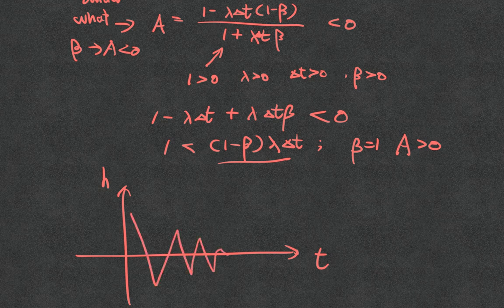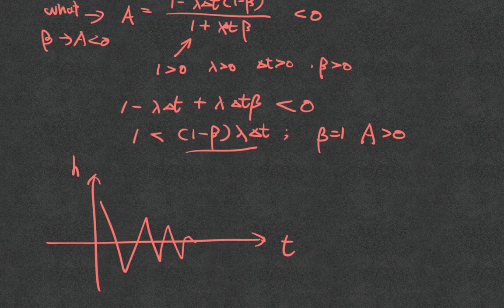And this is actually not physical. It is called seesaw oscillations, or sometimes just oscillations in time, just because of the time algorithm.